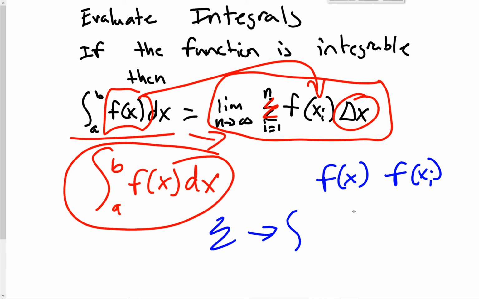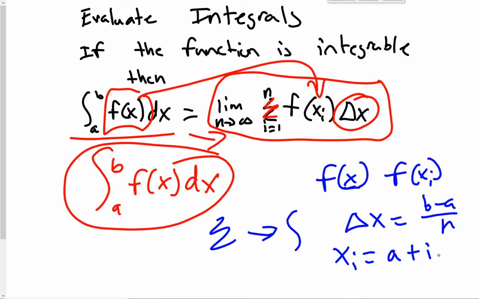The only thing you really have to do is find that change in x, which we've done plenty of times by now. Then there's a new thing, this xi, because this is x and this is xi. That xi we can find by taking a and adding i times change in x, right? As i starts with 1, our first x, if we go from the right-hand side, is a plus 1 change in x, and if I do 2 for my i, that would be 2 change in x.